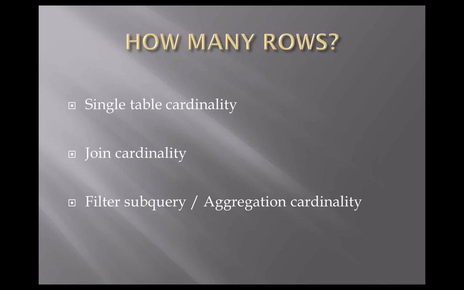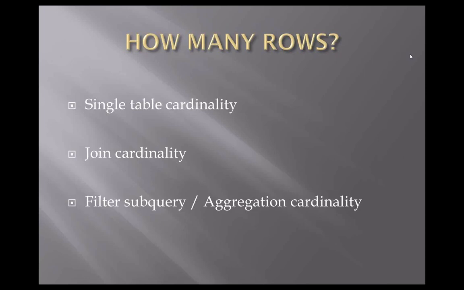So let's start with the first important question, that is how many rows. The question how many rows or how much data basically can be broadly divided into these three categories.